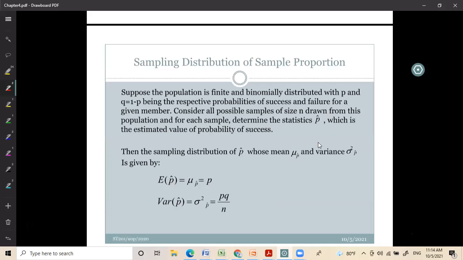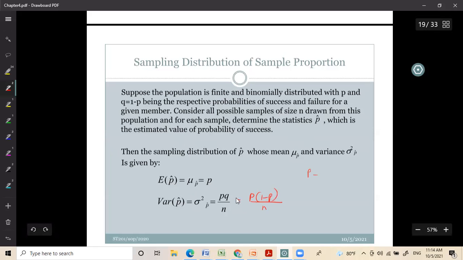Here's the sampling distribution of the sample proportion. The mean of the sample proportion will be the proportion of the population, P, and the variance will be P times Q, where Q is 1 minus P. That is the probability of failure.